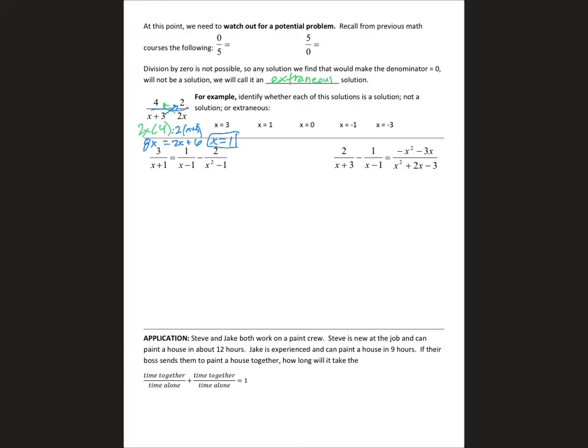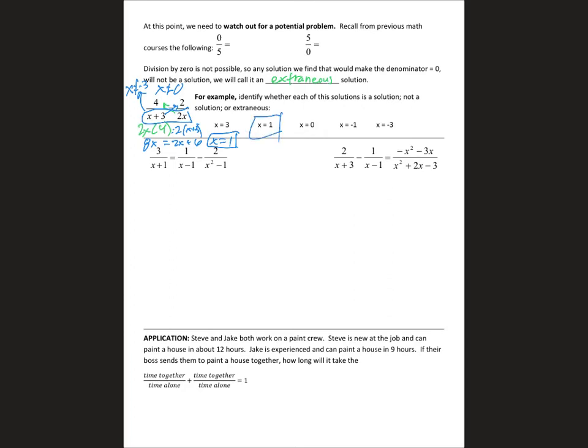Next thing we're going to do is, based on my denominators, what we talked about, my excluded values are x cannot equal negative 3, and x cannot equal 0. Okay? So it says identify whether each of the solutions is a solution, not a solution, or extraneous. So 1 is a solution, right?